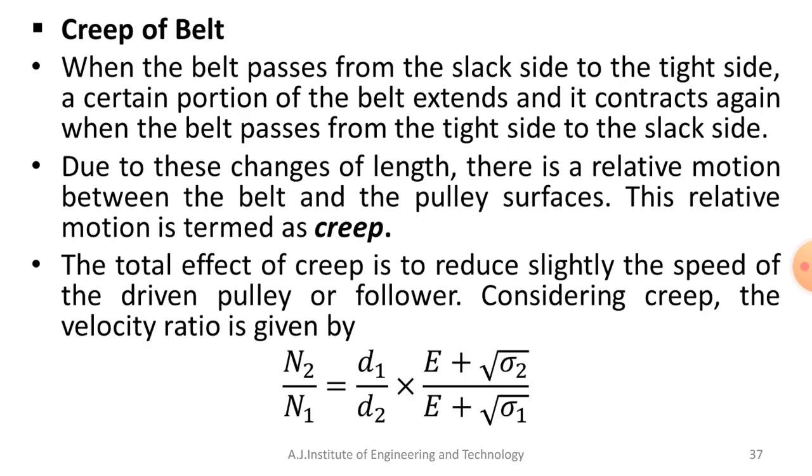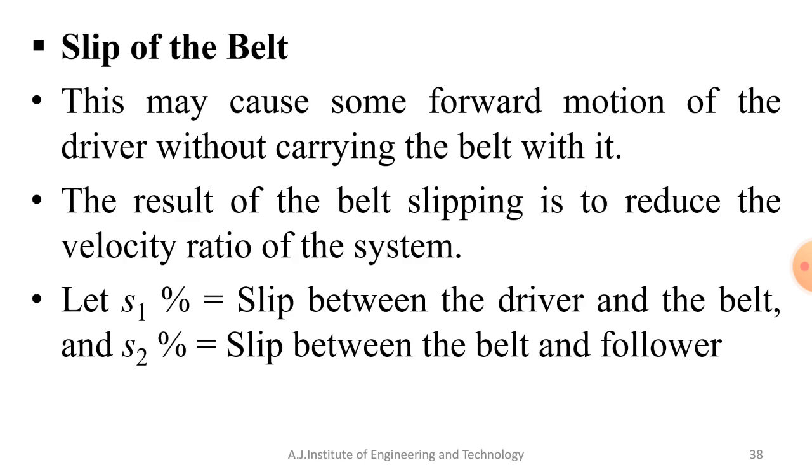Now one more phenomenon is called slip of the belt. Slip means there may be some forward motion of the driver without carrying the belt with it. So the driver moves without carrying the belt.